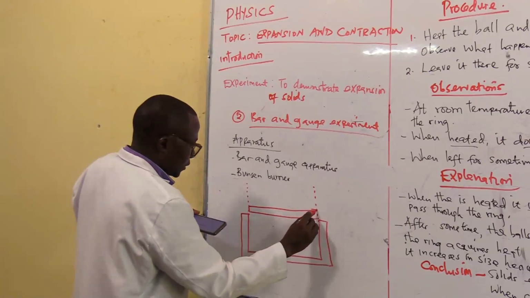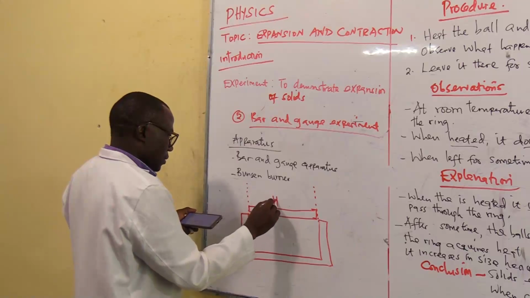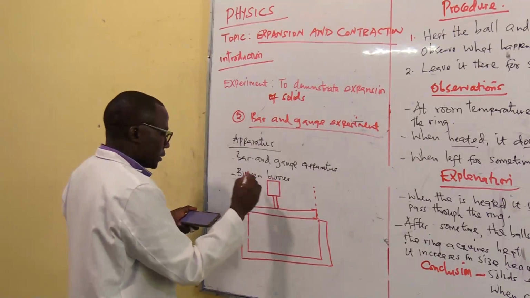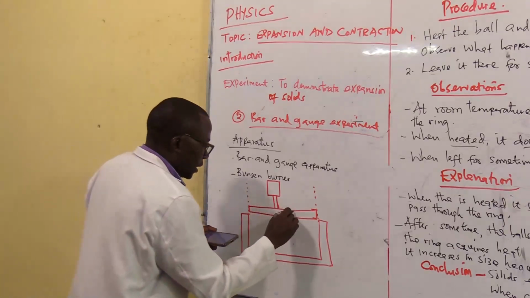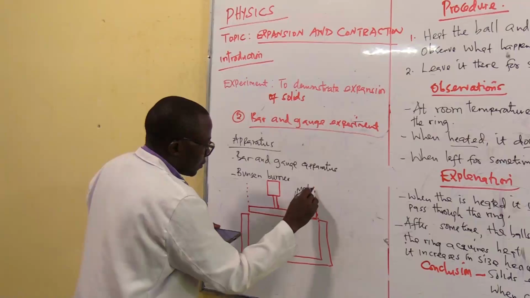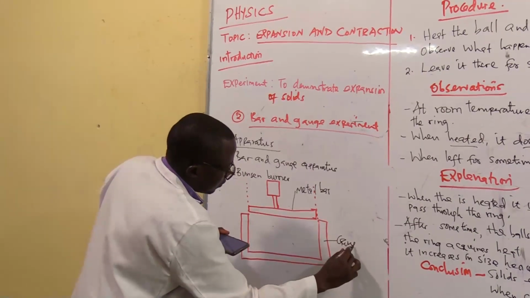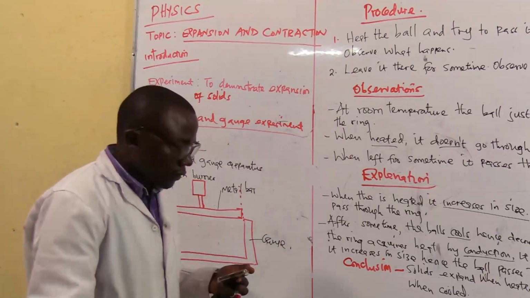Remember this bar has a handle. So that is the handle. So we are saying the metal bar. Then we have the gauge. So very fast because of time.